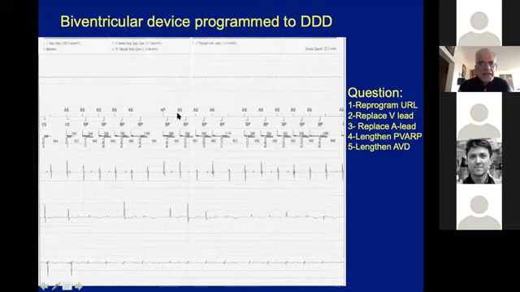On the atrial channel, you see the markers, then ventricular markers, and then here are the electrograms. So what do we do? Reprogram the upper rate limit, replace the ventricular lead, replace the atrial lead, lengthen PVARP, or lengthen AV delay.